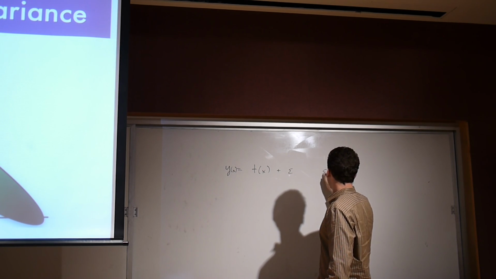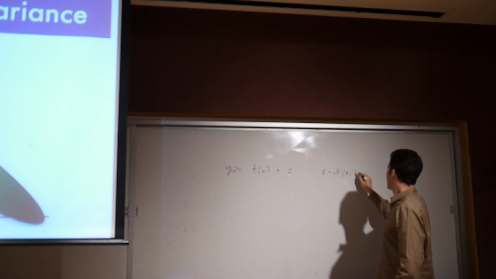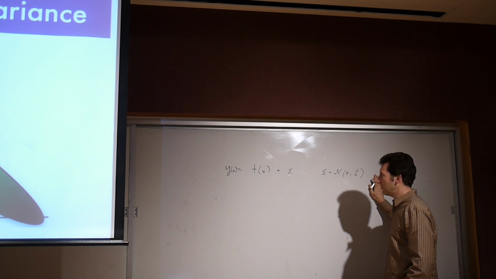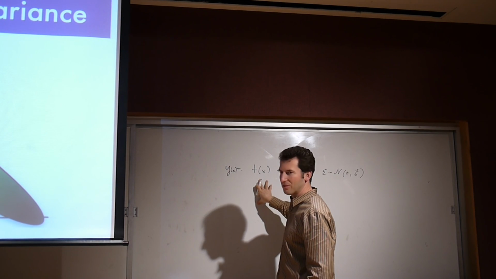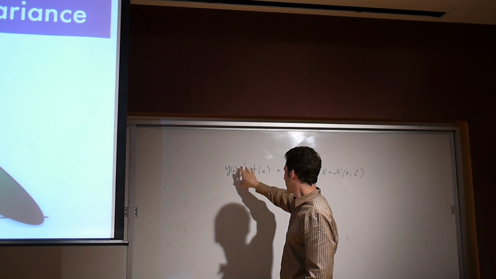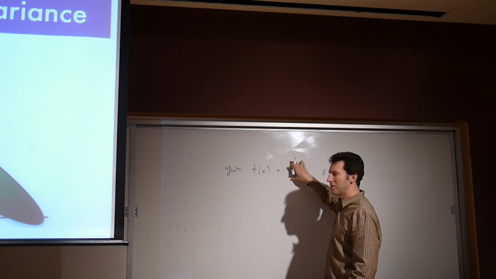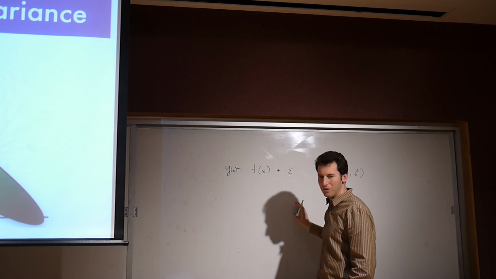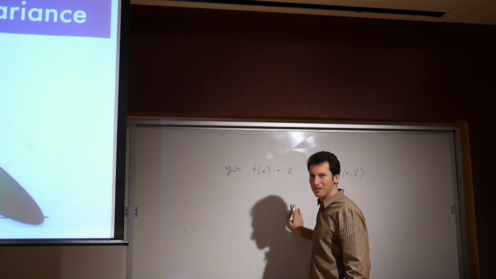And I'm assuming that this noise is drawn from a normal distribution with 0 mean and variance sigma squared. Now, the good thing is I'm adding 2 Gaussians. We know this is normal, we know this is normal. The sum of 2 Gaussians is a Gaussian, and we can figure out the mean and covariance by just adding them up.